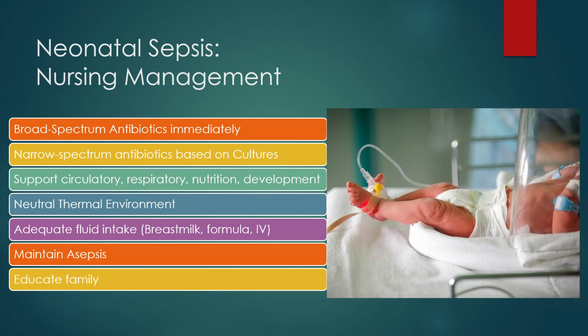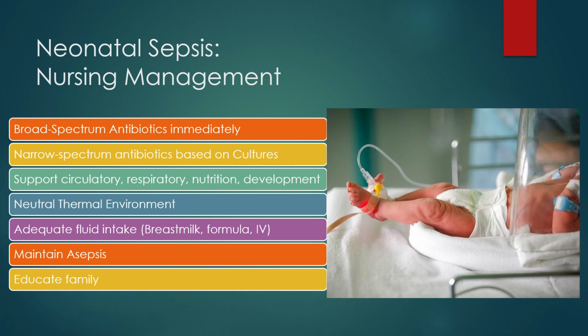Our number one goal with managing neonatal sepsis is to improve the newborn's chances of survival. We do that by ensuring that we have early recognition and diagnosis of newborn infections. Once we know there is an infection, the provider will order broad-spectrum antibiotics while the cultures are still pending.